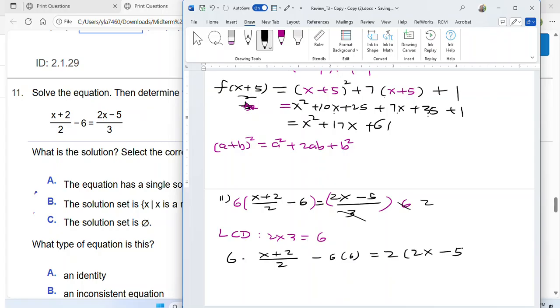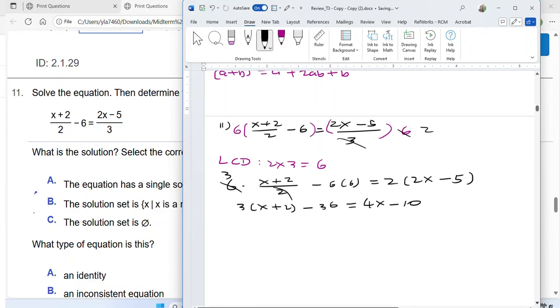And then minus 36. We can get rid of parentheses, 4x minus 10, and then simplify. So we're going to have 3x plus 6 minus 36 equal to 4x minus 10, right? These two are like terms, so you combine them together.